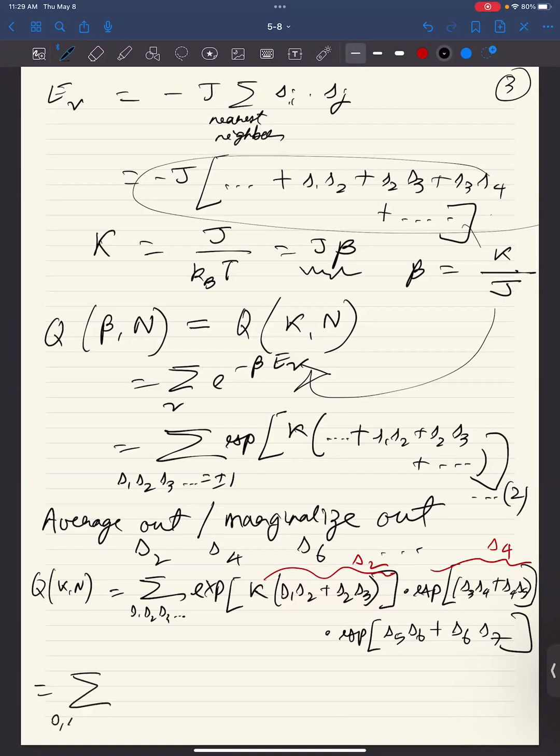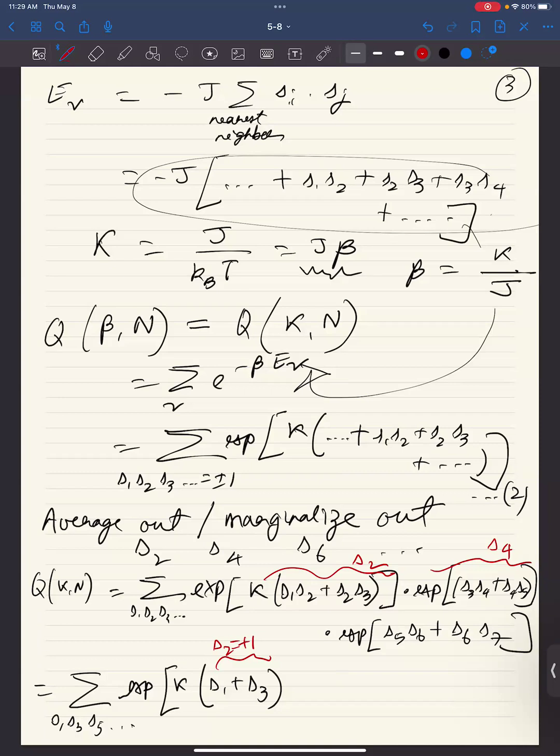So now I have S1, S3, S5, and in this first expression for S2, it will become exp of K (S1 S2 plus S1 S3 plus S2 S3) when S2 is equal to +1. How much is that? That is S1 plus S3. This comes from S2 equal to +1.